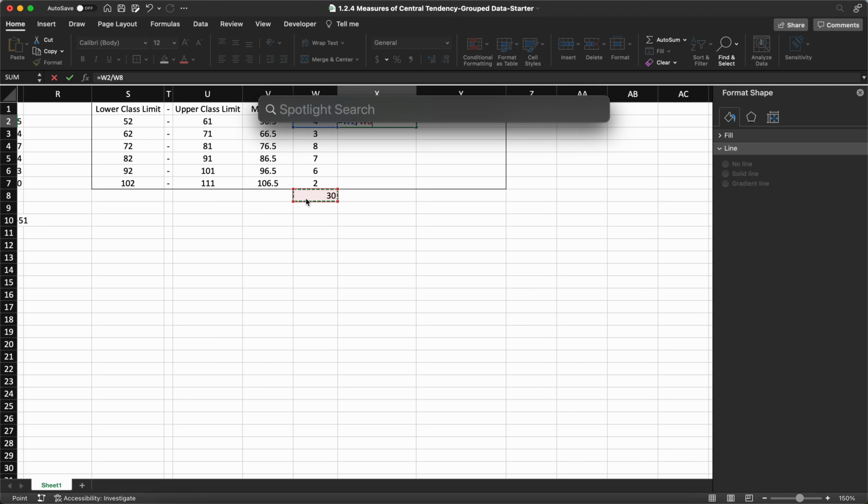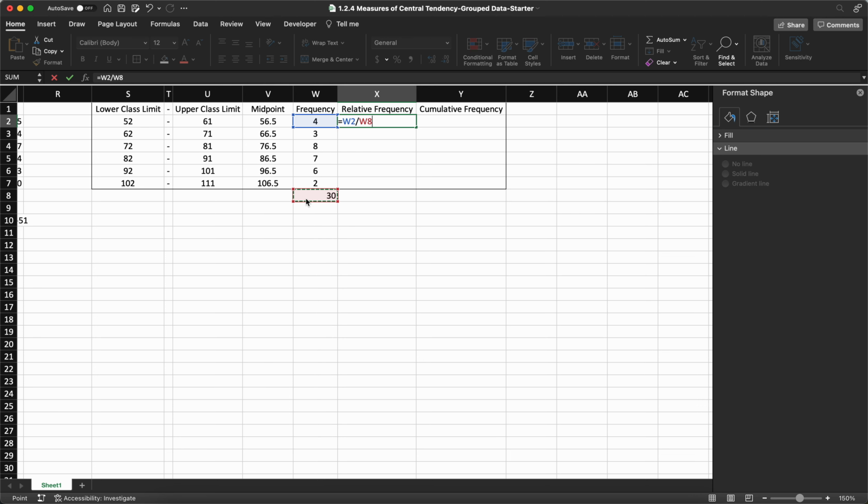Now, the total number of numbers, I want to stay constant. So when I'm finding the relative frequency, I'm going to do 4 divided by 30. But then when I drag down this formula, I also want to do 3 divided by 30, and 8 divided by 30, and 7 divided by 30. I don't want this number to move.